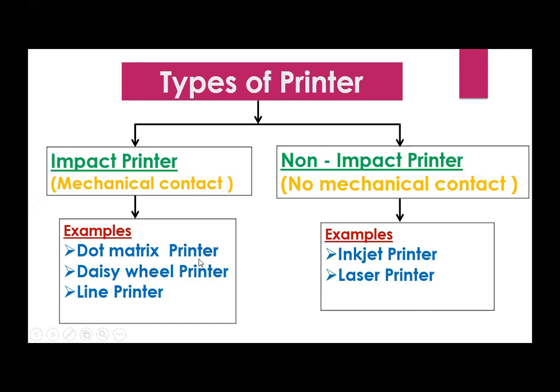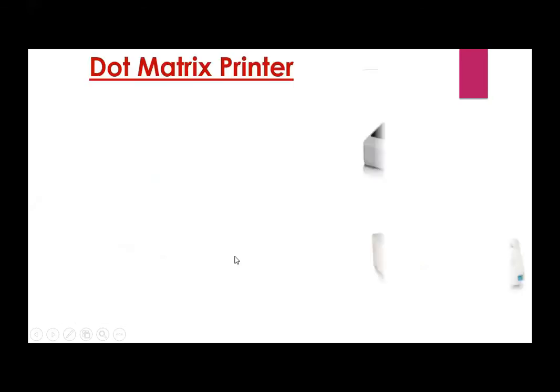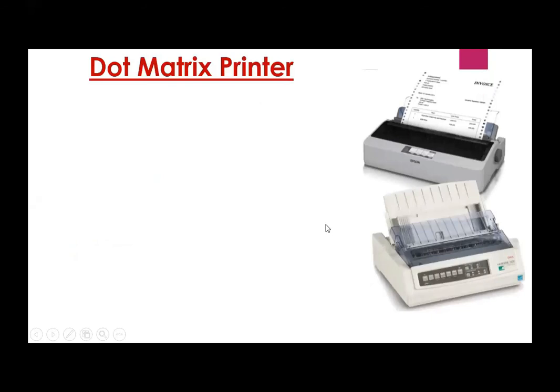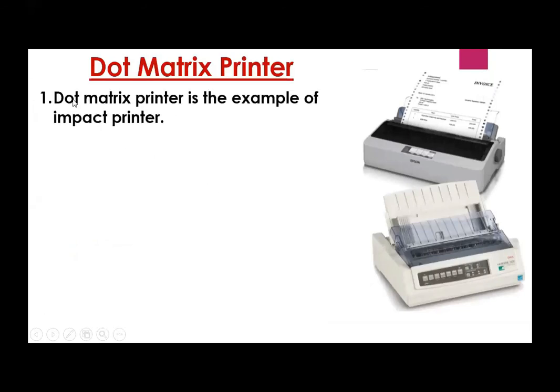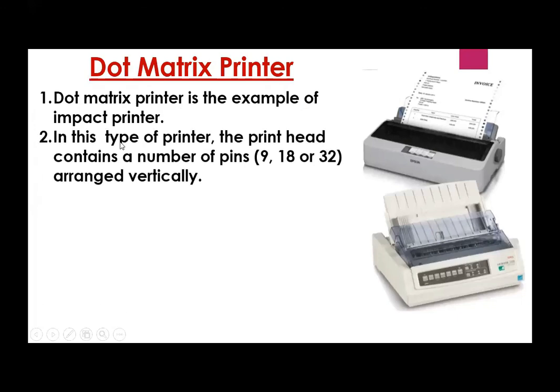Now we share three printers here: dot matrix, inkjet, and laser printer. First of all, we discuss the dot matrix printer. This is the picture of a dot matrix printer. It is an example of an impact printer. As I told you earlier, in this type of printer the print head contains a number of pins, 9, 18, or 32, arranged vertically.